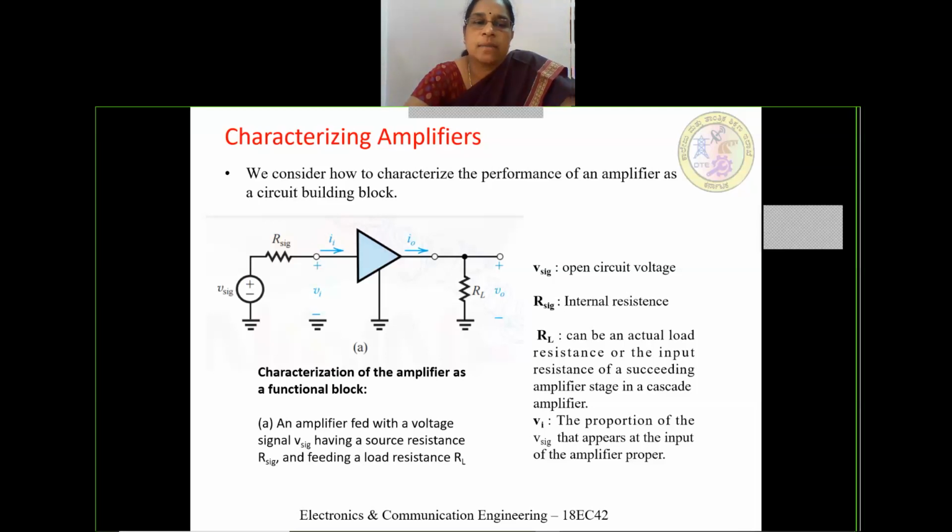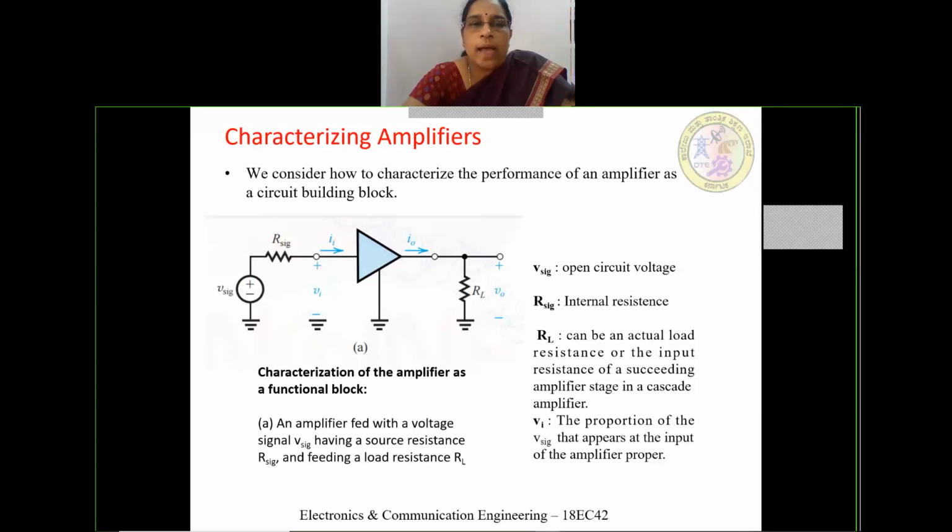V signal is nothing but the applied signal. It is the open circuit voltage, the magnitude of the signal given by the source. But the source also has the internal resistance R signal. So what proportion of the signal actually enters the amplifier is indicated by Vi.